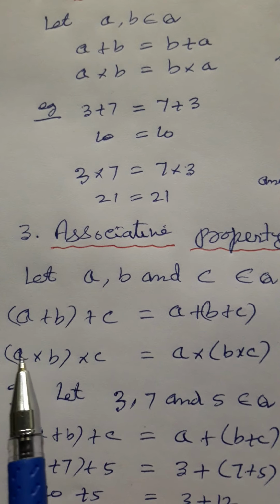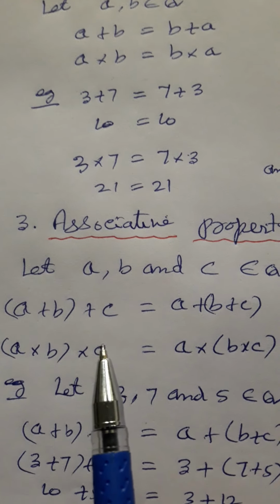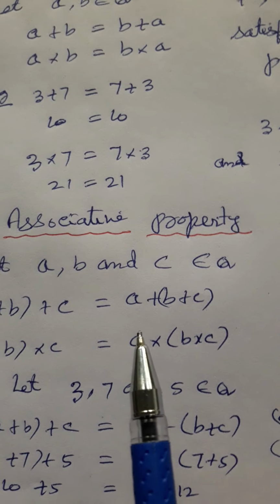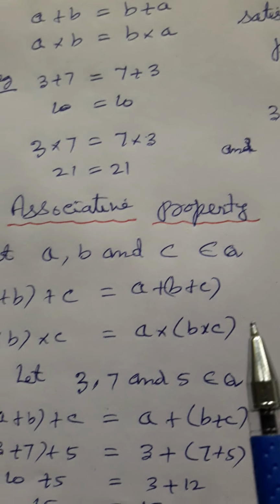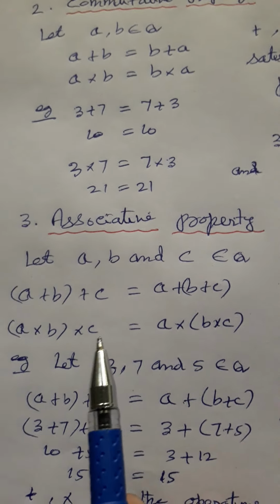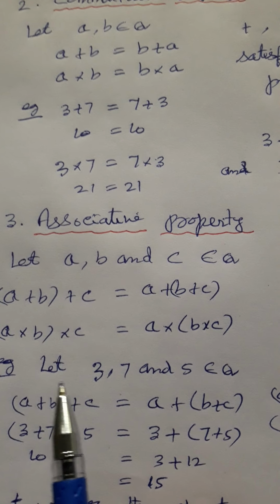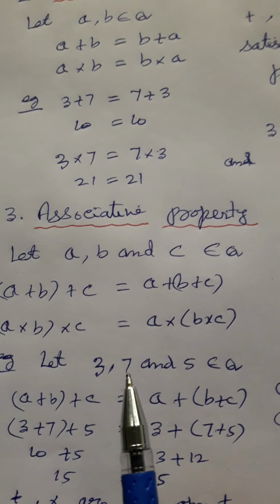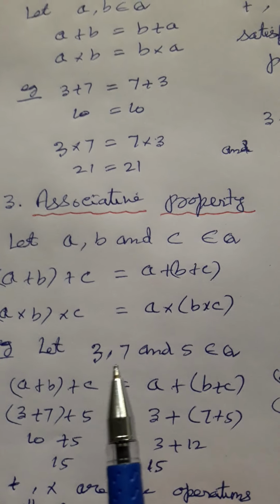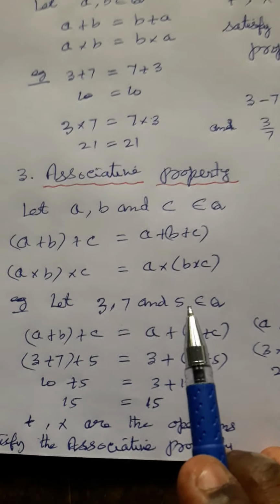Multiplication: (a into b) into c equal to a into (b into c). Example, I take numbers 3, 7 and 5. Let 3, 7 and 5 belong to Q.